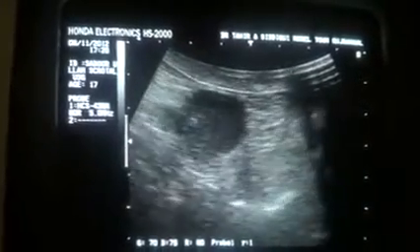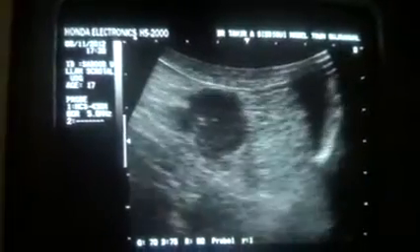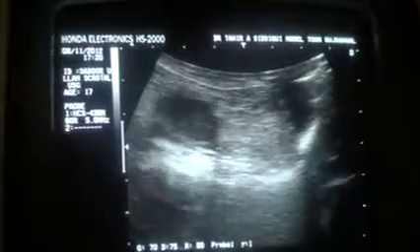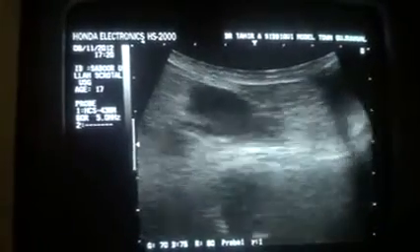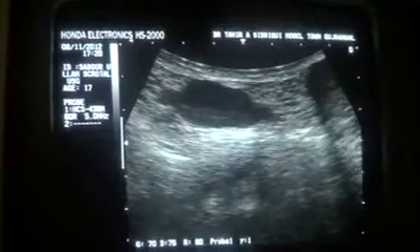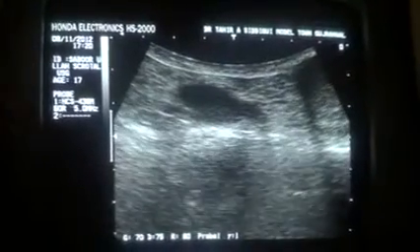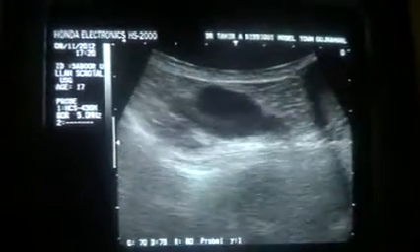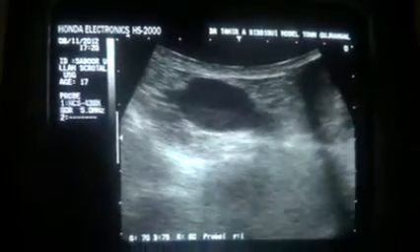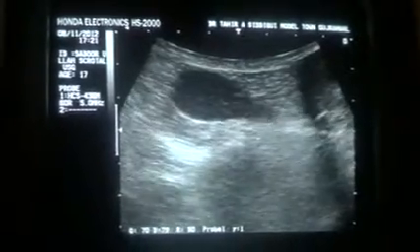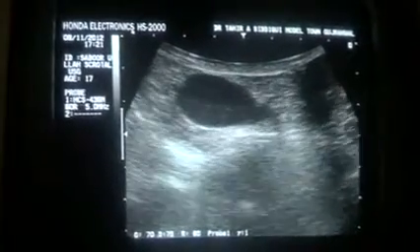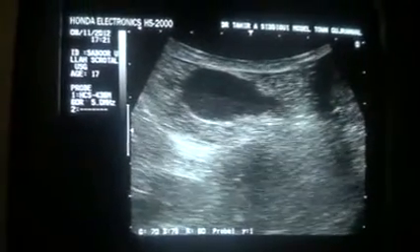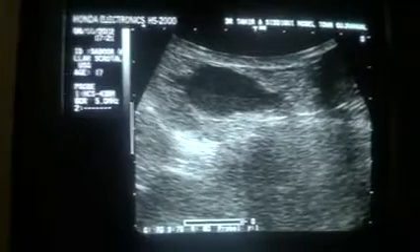So this is the case of the day in which I am going to report only the findings, cannot give you the exact nature of the pathology, though my own impression will be that this is a small size atrophic right testis with loss of its echogenicity or having decreased parenchymal echogenicity.